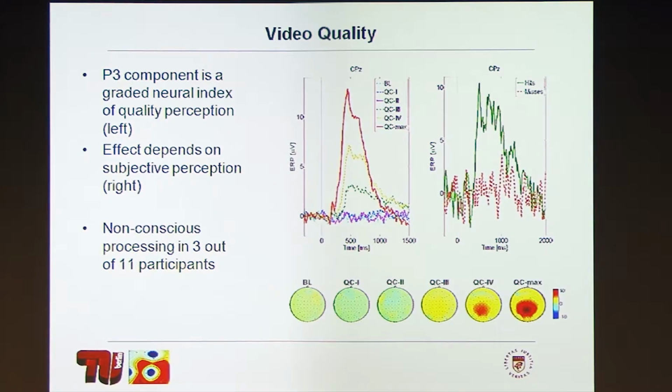So let's look at the maps. You can see that this is just the baseline. There's no change. Then this is a very small quality difference, a bigger one, and then this is a strong quality difference, and then this is the maximum one. So you can see the green curve corresponds to this, and the yellow curve corresponds to this. So you can see that there's actually a quantification of this quality difference.